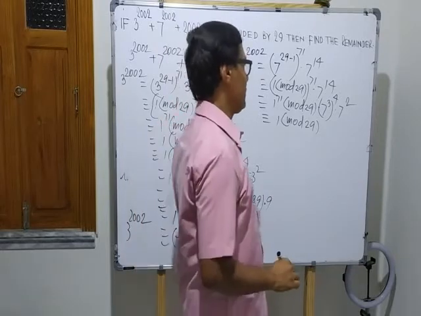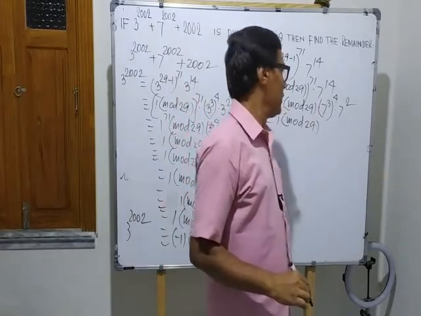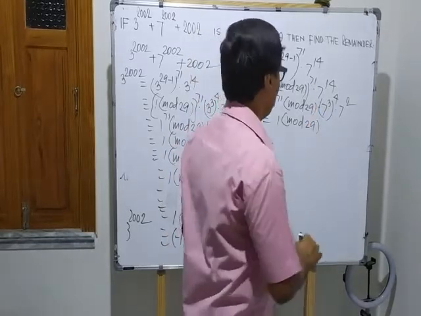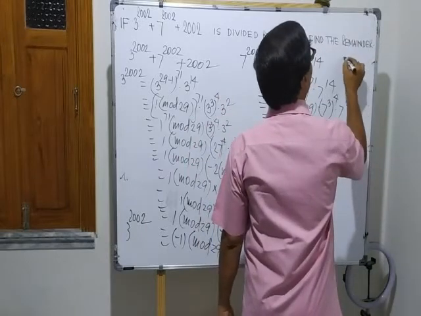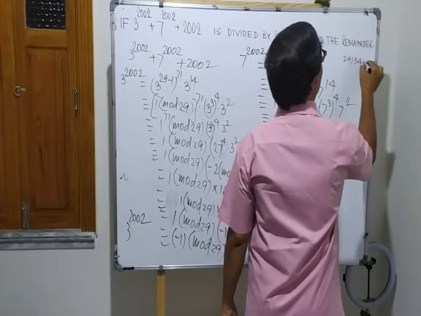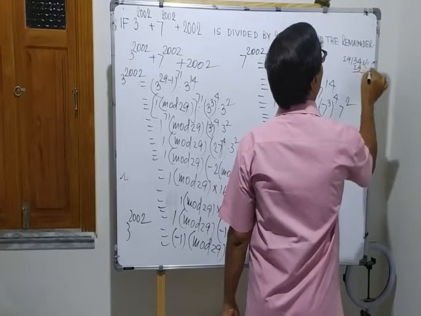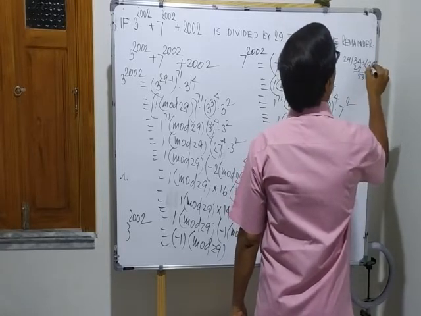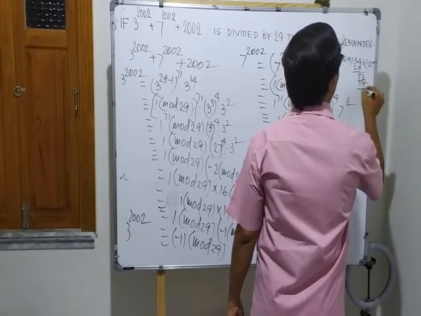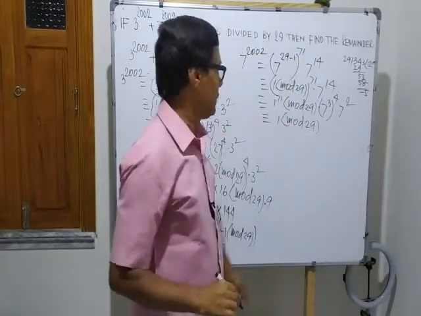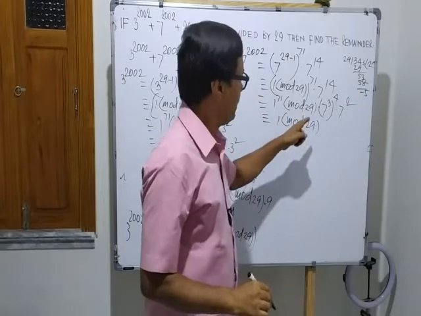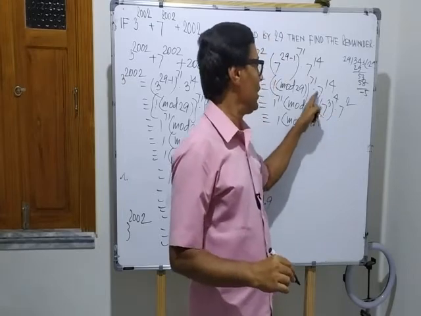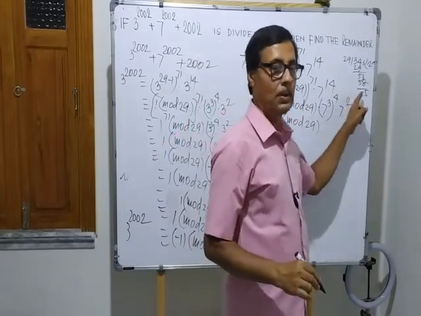7 to the power 3 is 343. If we divide 343 by 29, we get the remainder as minus 5.